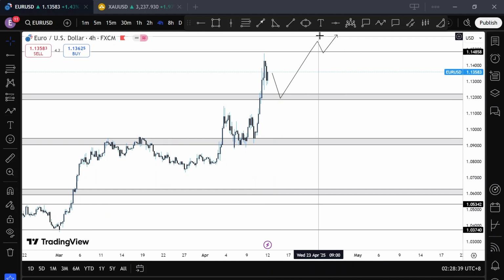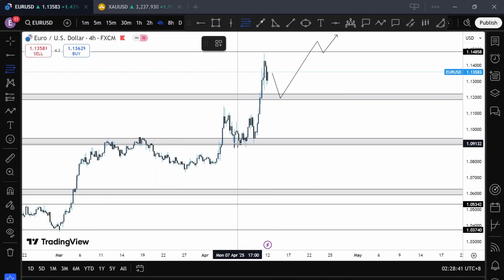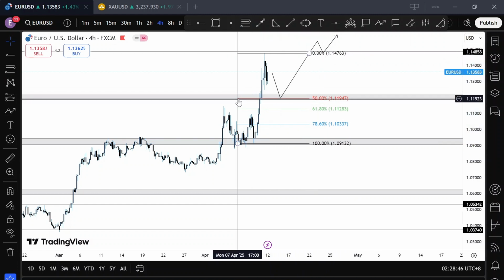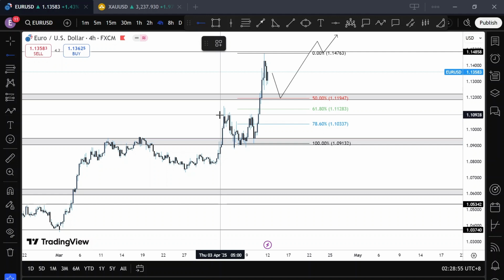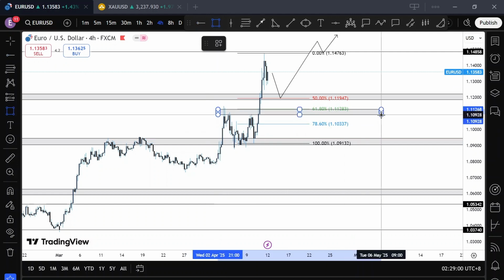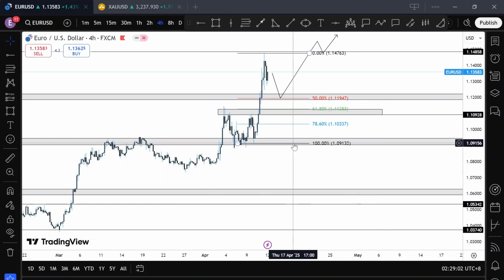But if we use our Fibonacci retracement tool to measure this movement from the low to the high here, we would see this correlates exactly with the 50% retracement region. Then if we have some kind of below extension to take people out, we would want to see price coming to this region here. Okay, I'll take this off now.